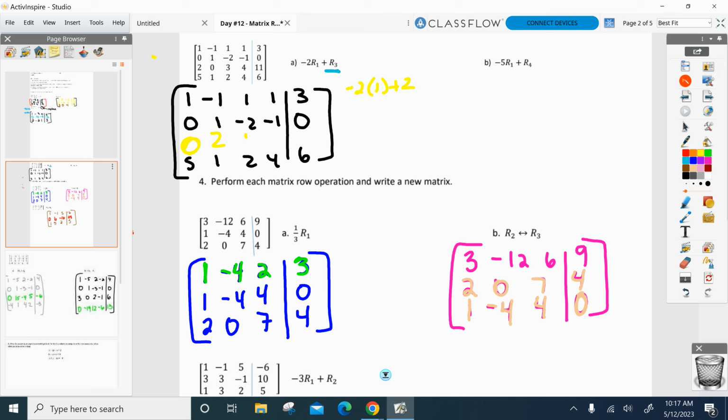One. Two. And then finally here, should get a 5.